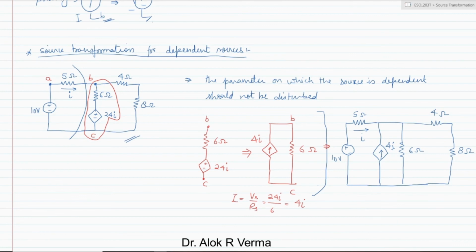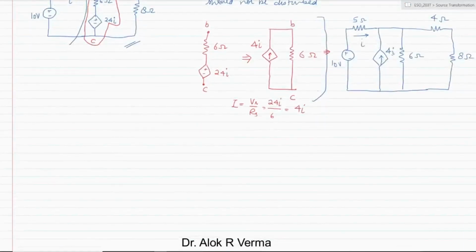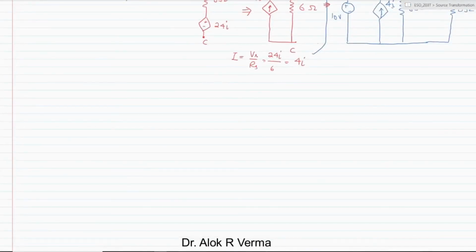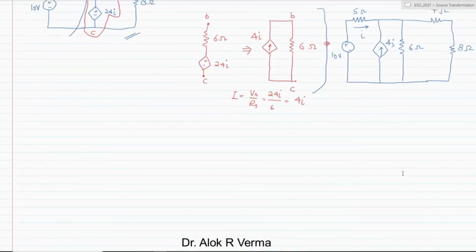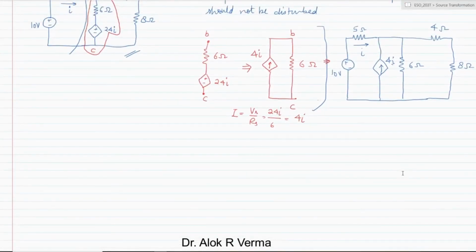Now if we want to solve this circuit, let us go a little further step, and we can move a little to the top so that the circuit is visible. Now from here we can take this portion, and calculate the series parallel combination of 4 and 8 in series.